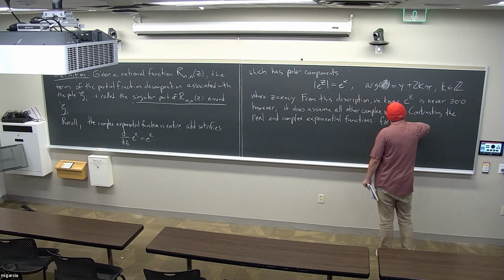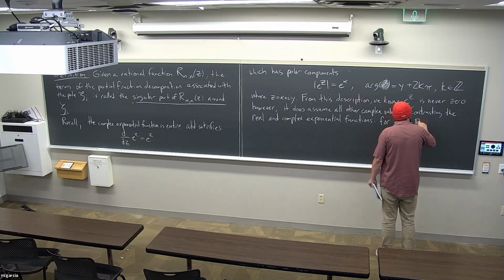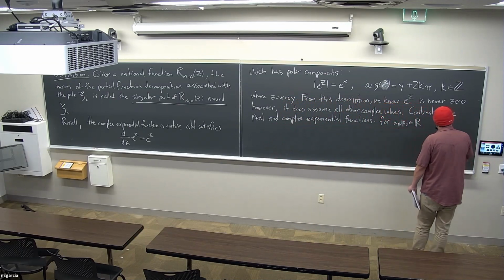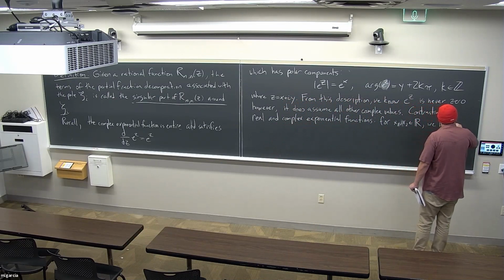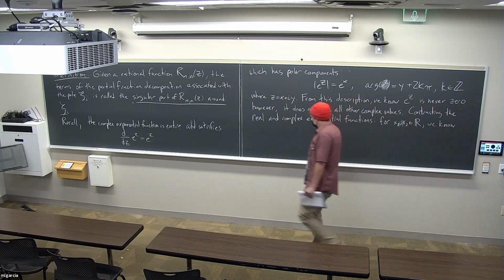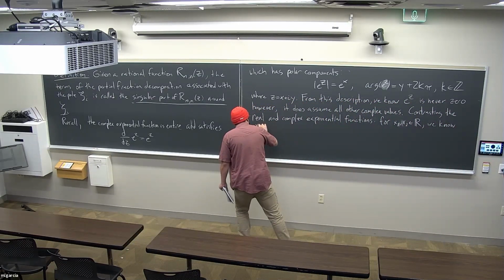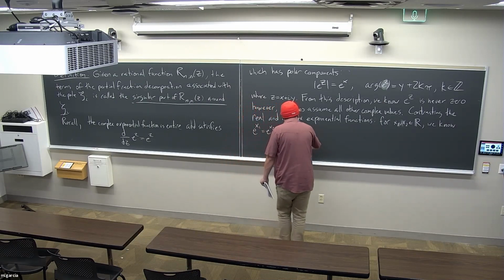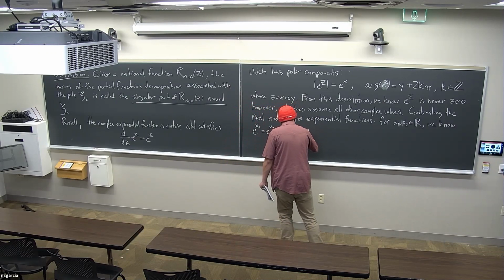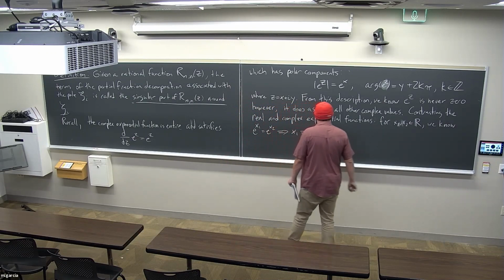For x1, x2 in R, we know e to the x1 is equal to e to the x2 implies that x1 is equal to x2.